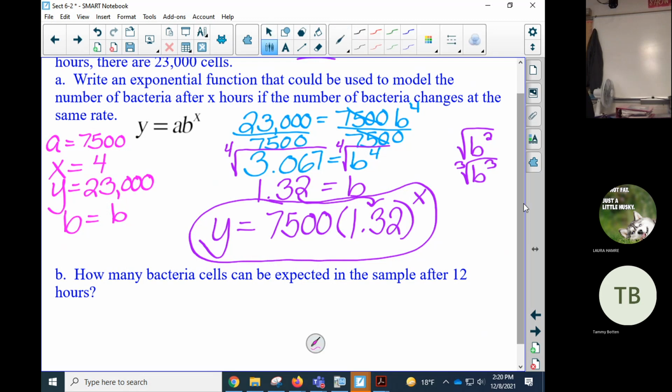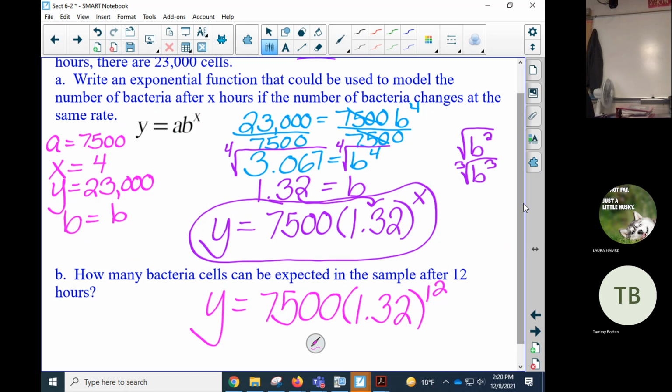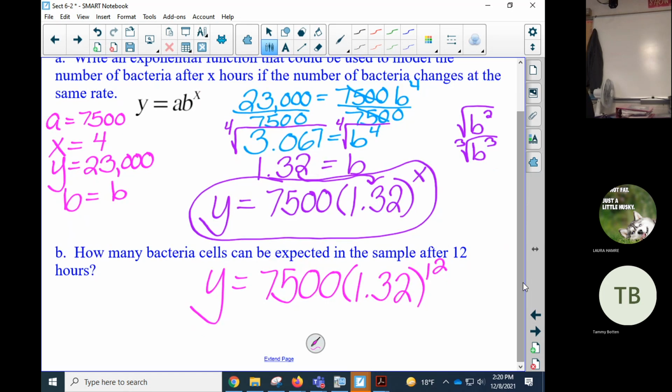And now it says how many bacteria cells can be expected after 12 hours. So you would just do y equals 7,500 parentheses 1.32 to the 12. And when you do that, is that what you got?